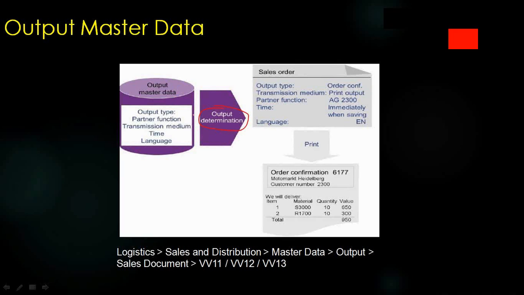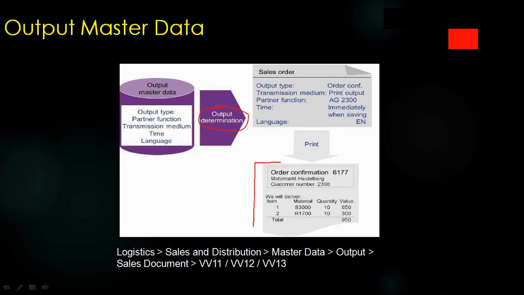As soon as you create the order, the output determination will kick in and it will see what data you have maintained for the output determination for the customer. So if it's a print, the system will print it. If it's a fax, the system will automatically send the fax to the customer. If it's an email, then the system will send the email.